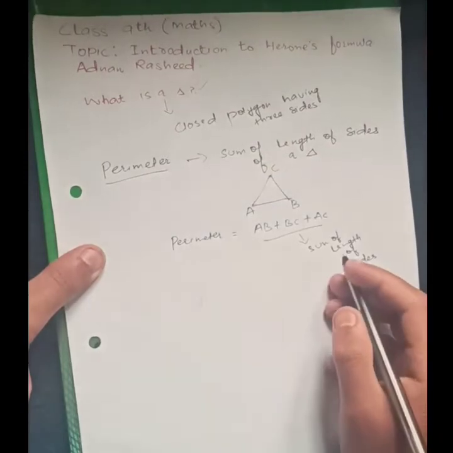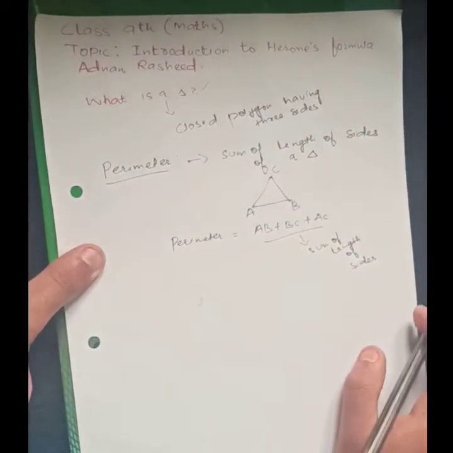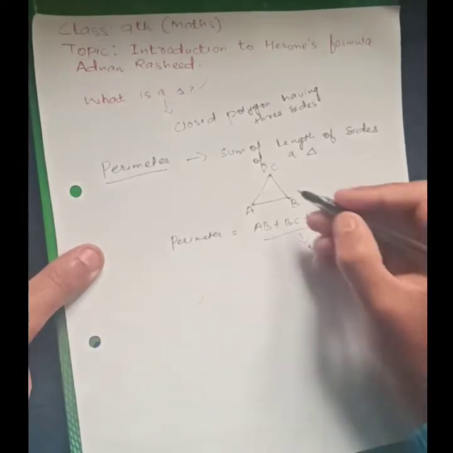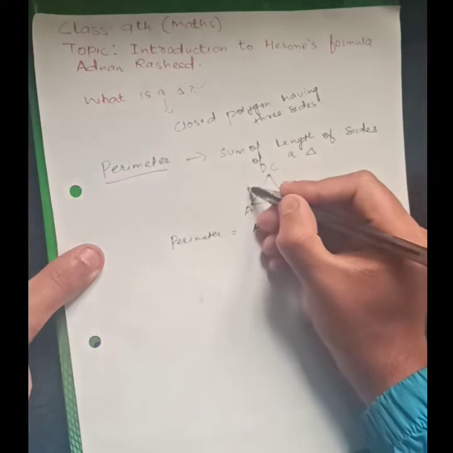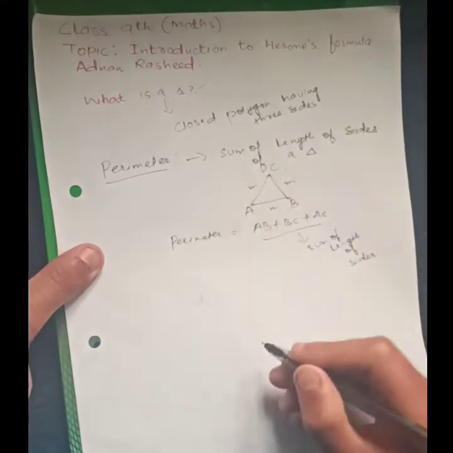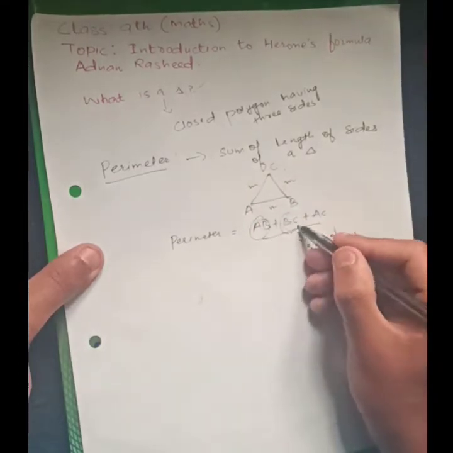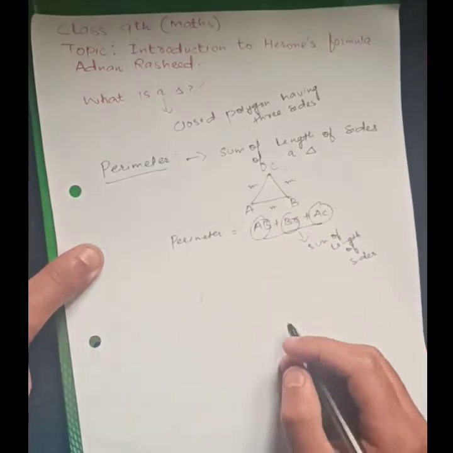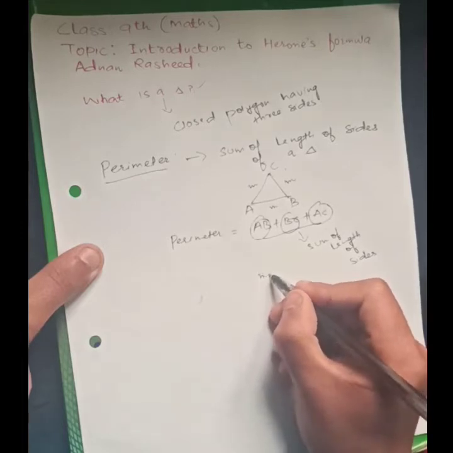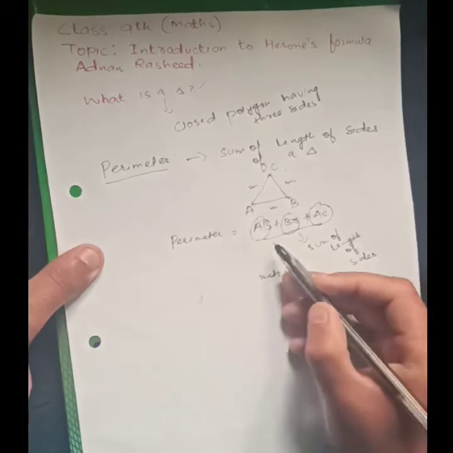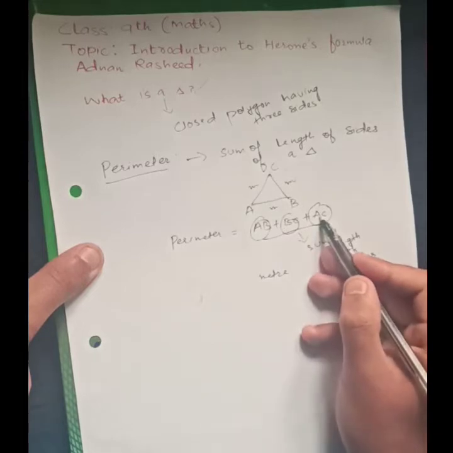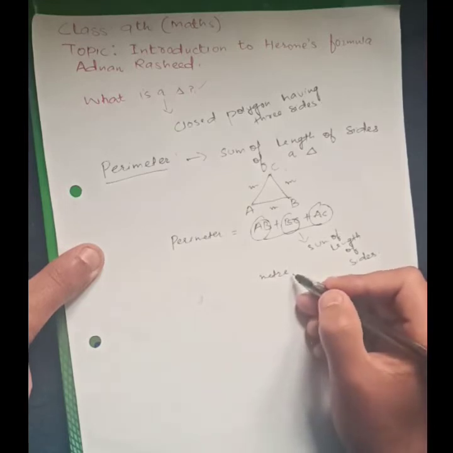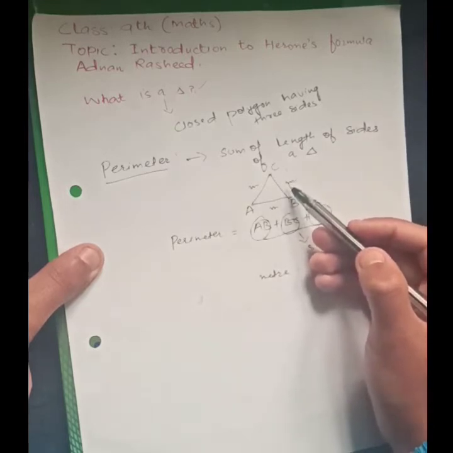The SI unit of perimeter which you people should know: if sides are given in meters, for example, if AB is in meters, BC is in meters, AC is in meters, then the perimeter will have the SI unit as meter, because meter plus meter plus meter will become meter.